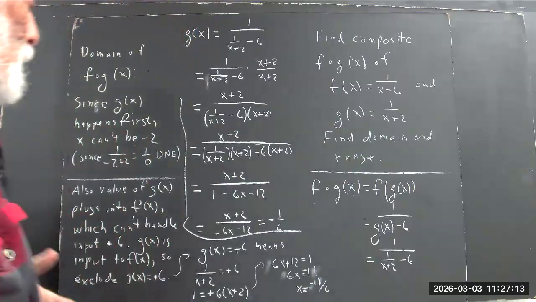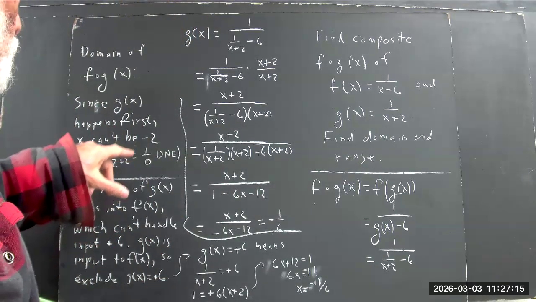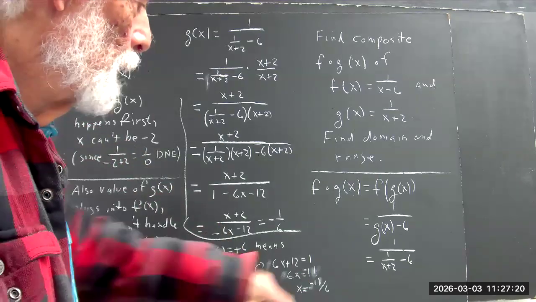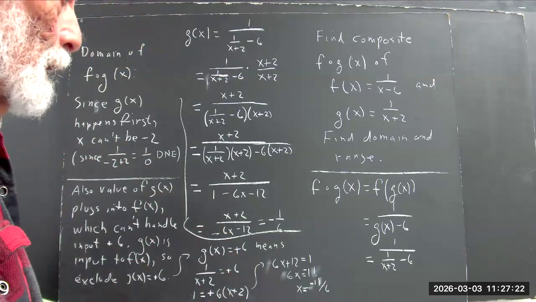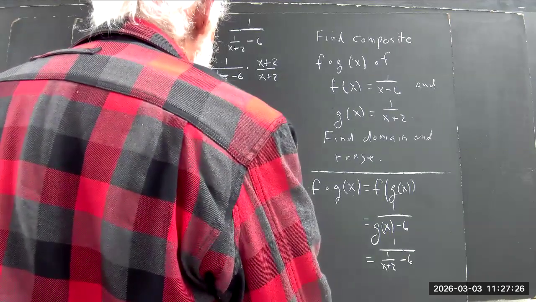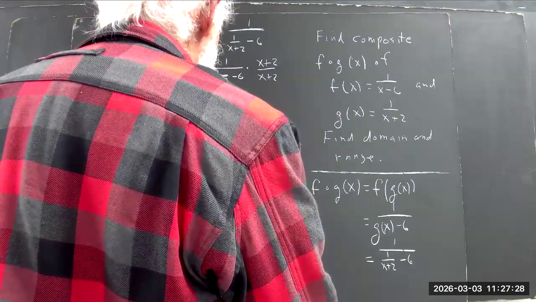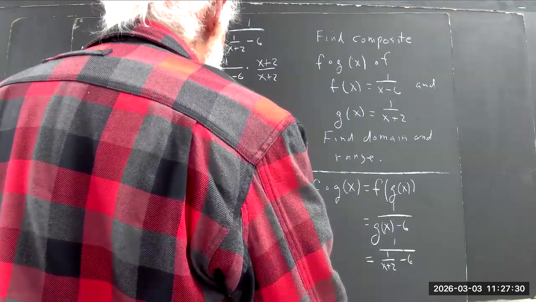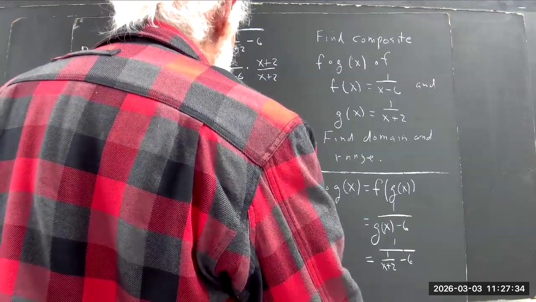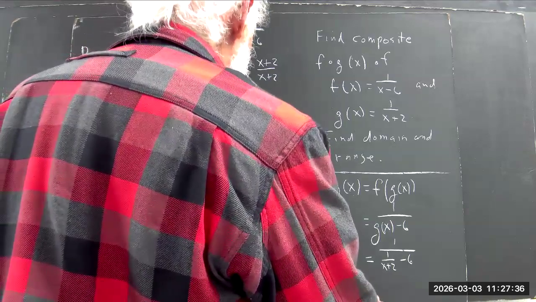So x, in the first place, can't be equal to negative 2, and then it can't be equal to negative 11 over 6. Okay?